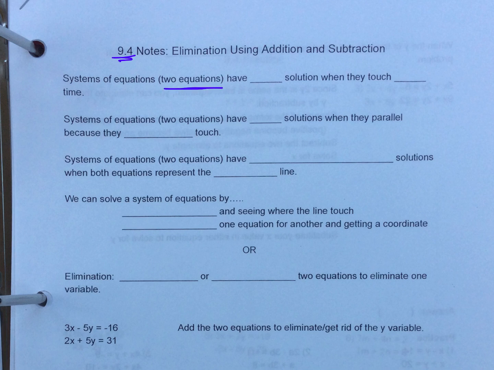So, systems of equations. We know that's when we have two equations. They have one solution when they touch one time. That's when they cross anywhere on the graph.